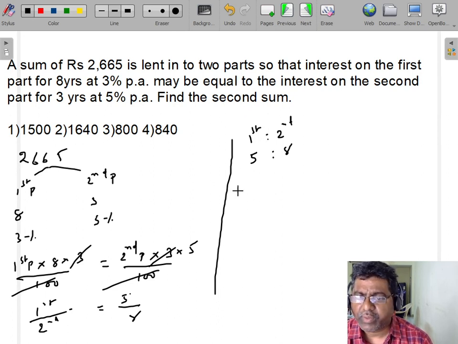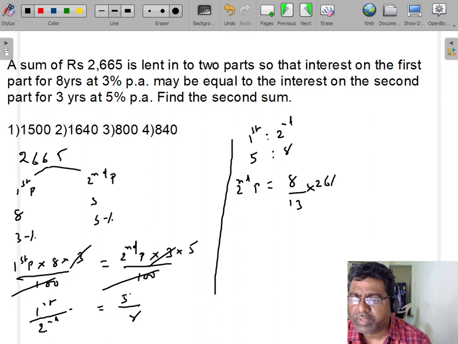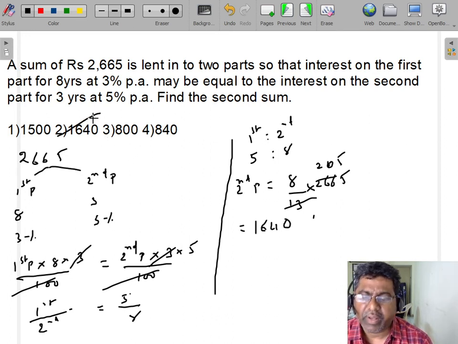So the second part, or second sum, is equal to 8 by 5 plus 8, that is 13, times the total sum 2665. 13 ones are 13, 13 twos are 26, 0, 13 fives are 65. So 8 into 205 is equal to 1640. 1640 is the answer. Now we can go for the last problem.